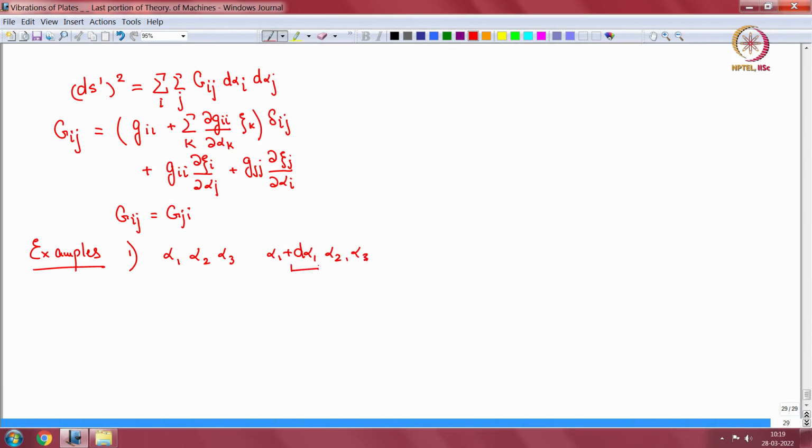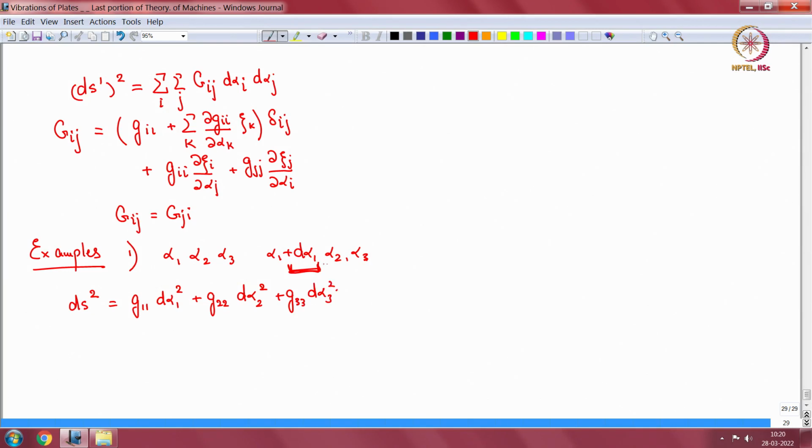So there is only this differential which is non-zero. Then what is my ds square? If you remember, it was g11 d alpha 1 squared plus g22 d alpha 2 squared plus g33 d alpha 3 squared.